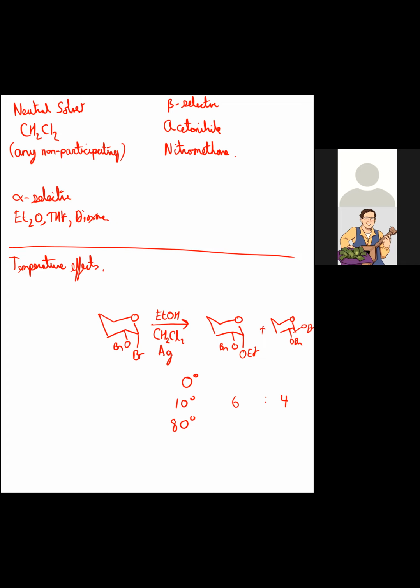Is the ratio going to stay the same? Is the ratio going to change? And if it changes, is it going to favor alpha or is it going to favor beta? Like, is the number going to move more extreme or is it going to move towards parity? If we get hot, if we get hotter.